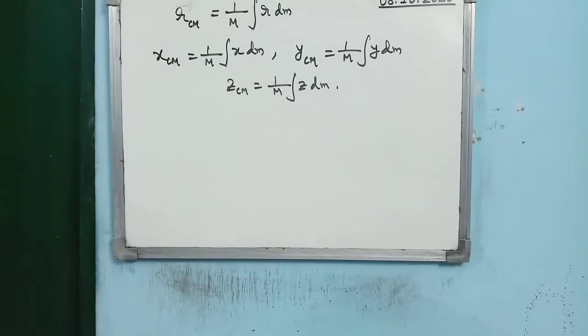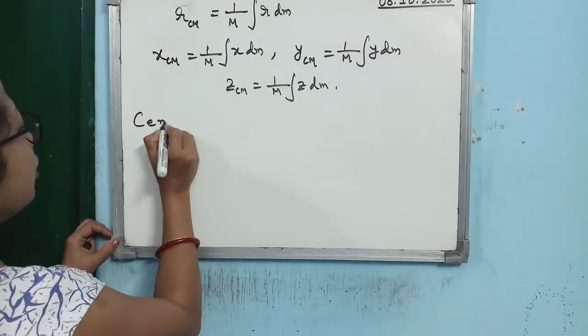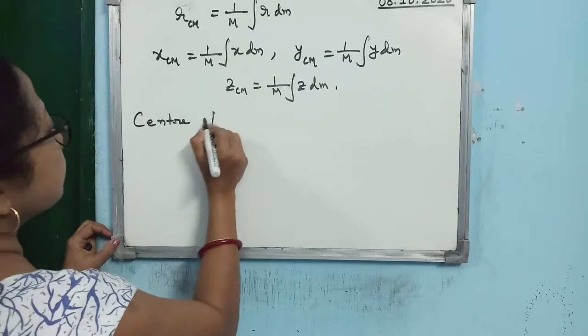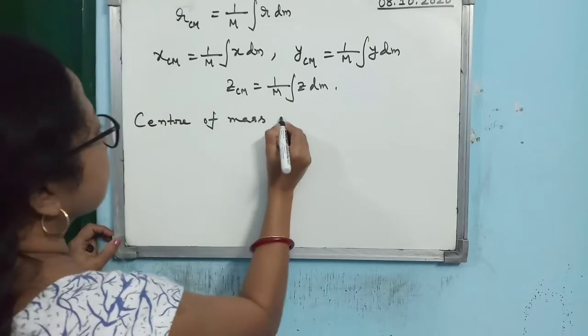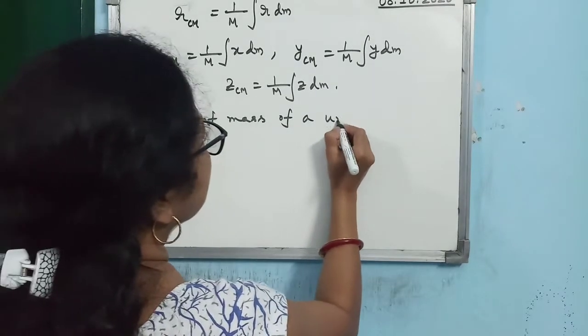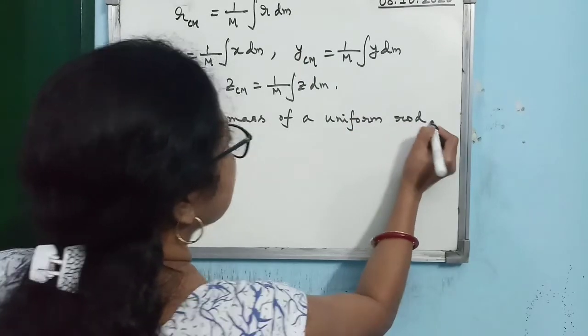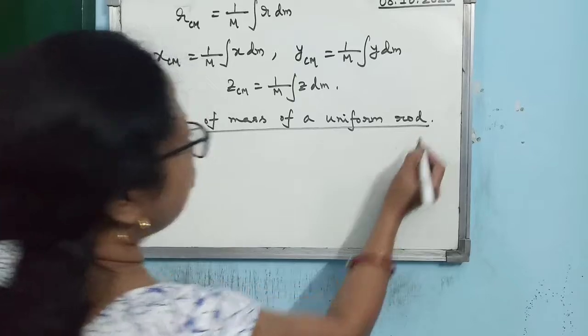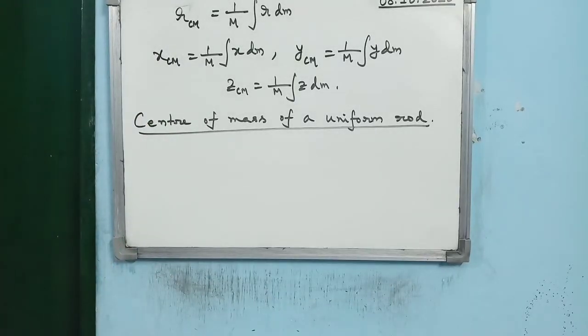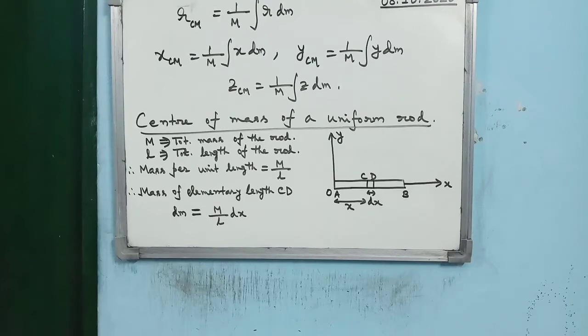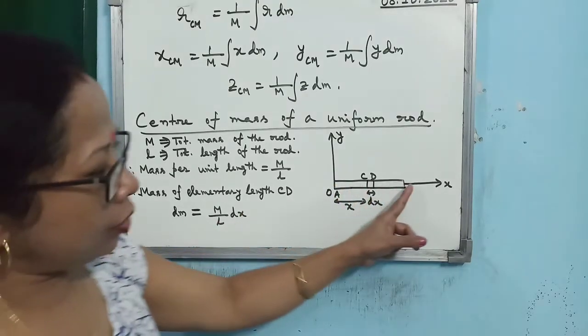Alright, now we will find out the center of mass of a uniform rod by applying this concept. We want to find out the center of mass of a uniform rod. So let us consider AB is the rod.